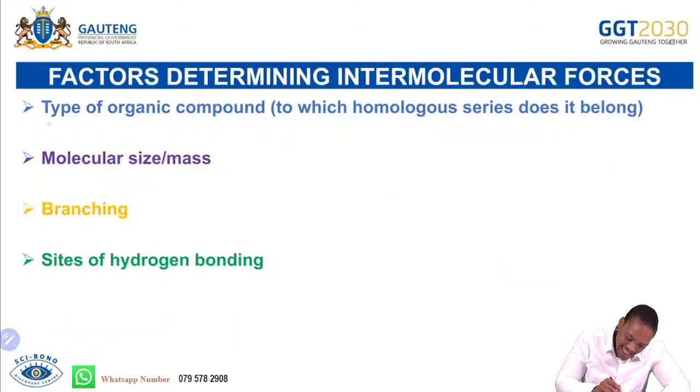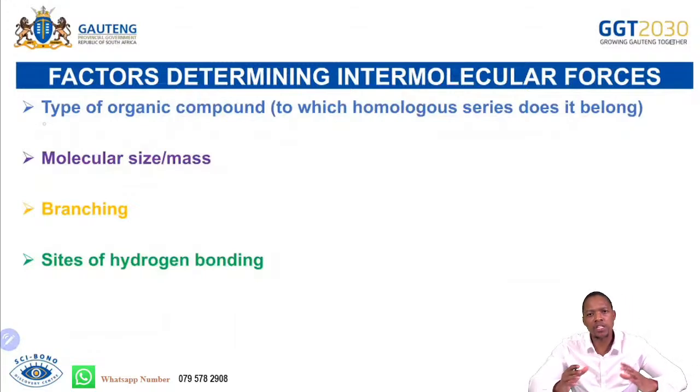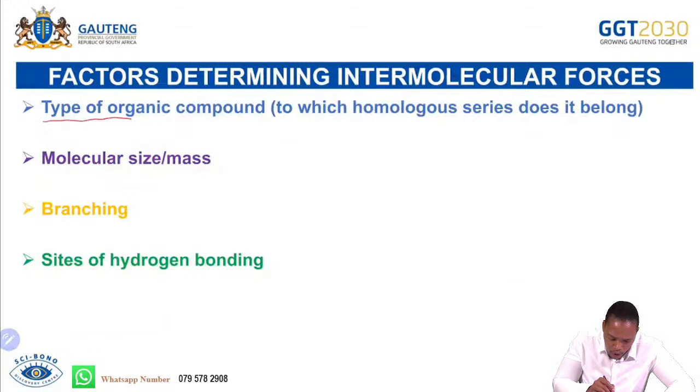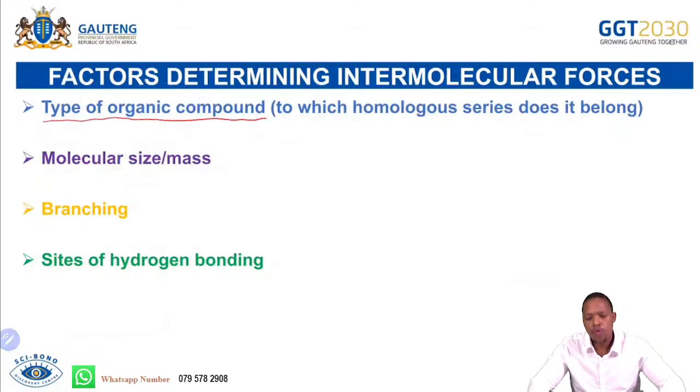First, check the type of the organic compound, as I was doing when comparing an alkane and a ketone. To which homologous series does this compound belong? If the compound belongs to carboxylic acid, it will have the strongest intermolecular forces, just simply from the diagram that we had previously.